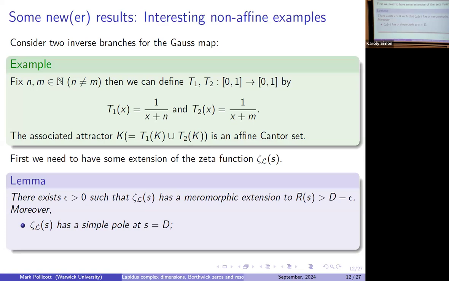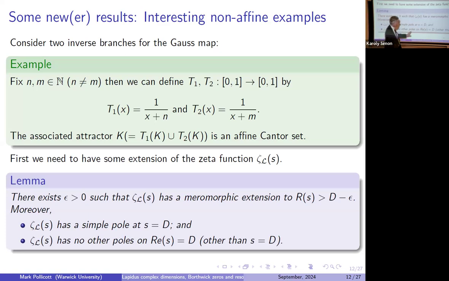The first thing is that it has a simple pole at the dimension. So the dimension appears as one of these poles. In this case, it has no other poles on the same line, although it will probably have poles to the right of that line. This is a feature we saw in the second of the examples, where we had different contraction rates for the affine map. So this is more like the second case than the first.